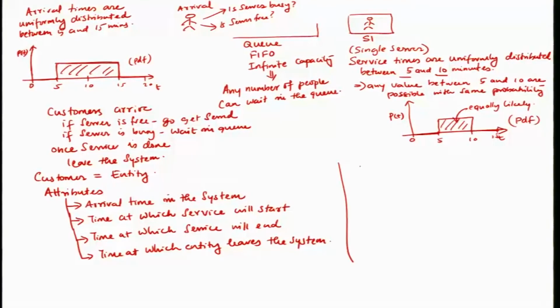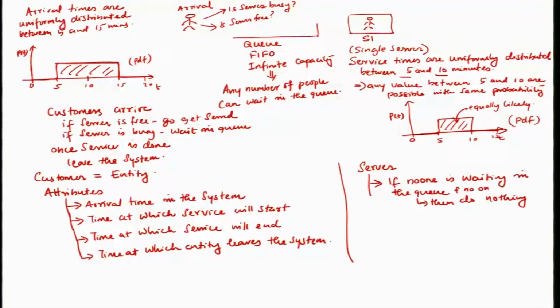If you look at the server logic, if no one is waiting in the queue, then do nothing. Queue and no one at desk. If there is nobody waiting in the queue and there is no one at the desk, then do nothing or remain idle.